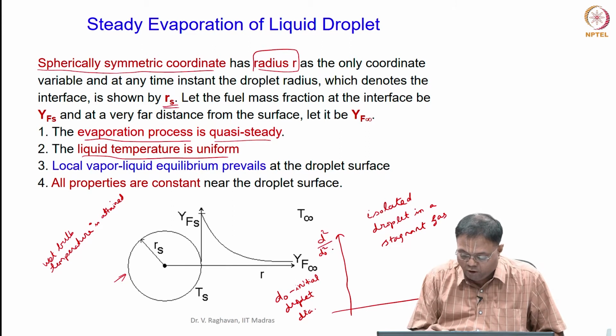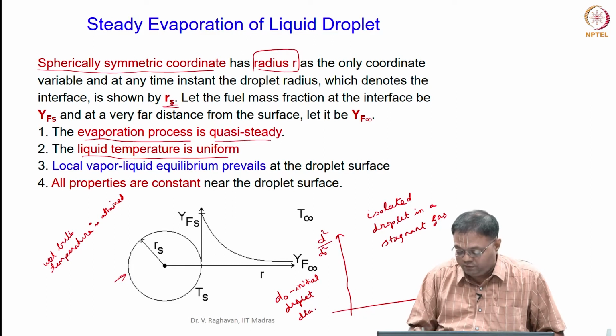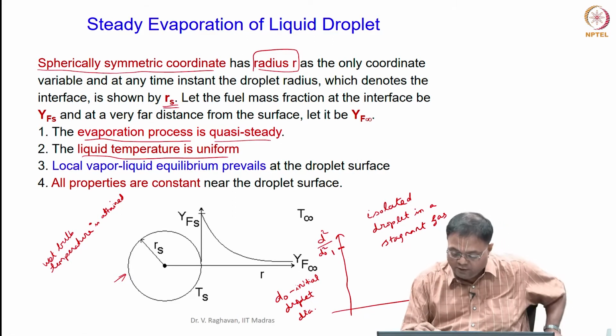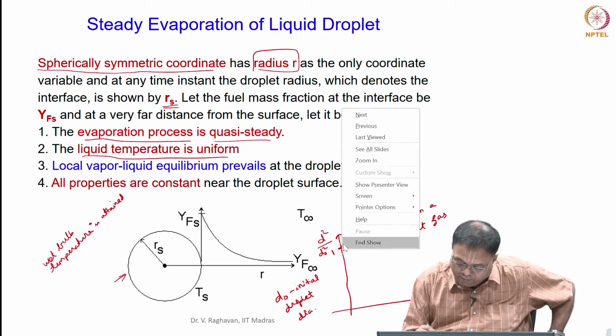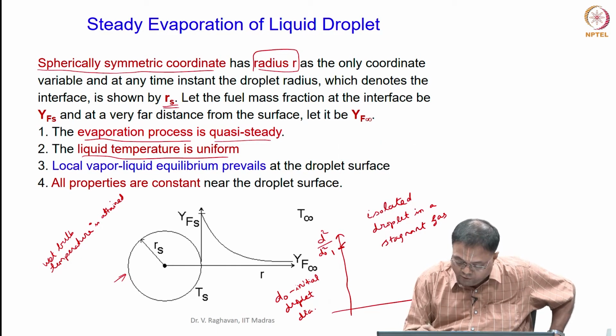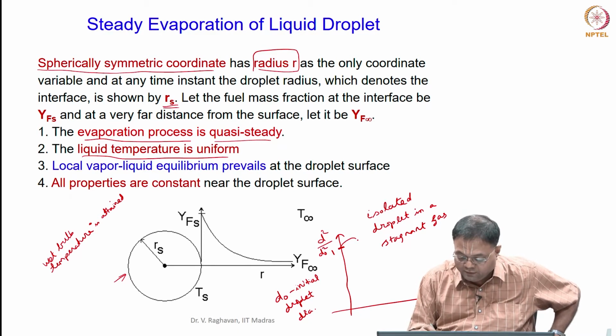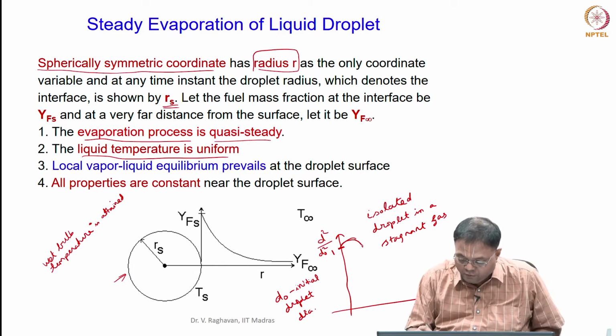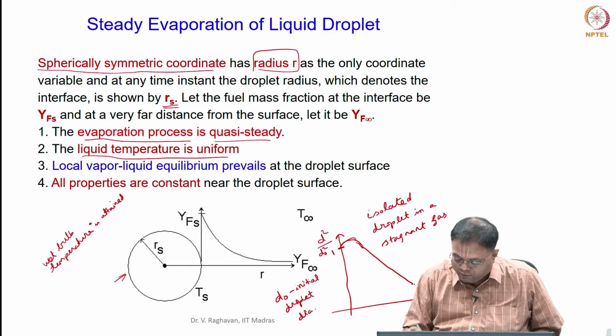When I draw the curve of d square by d naught square versus time, it starts from 1. Initially the droplet diameter will increase, reach a maximum, and then it decreases, then you go through what is called a constant evaporation regime, and towards the end again there will be some non-linearity.